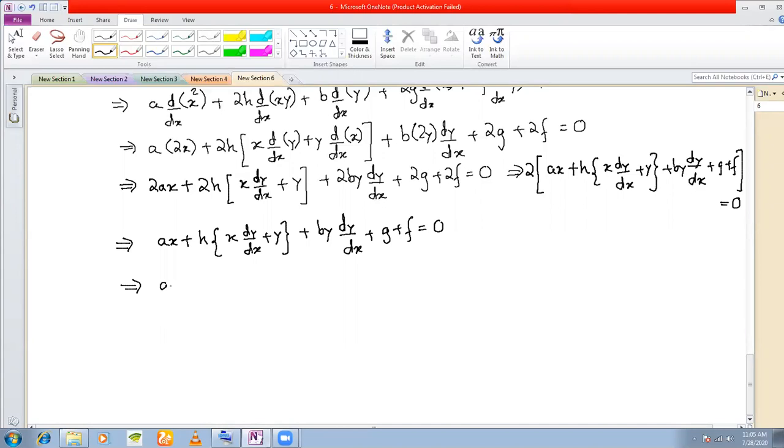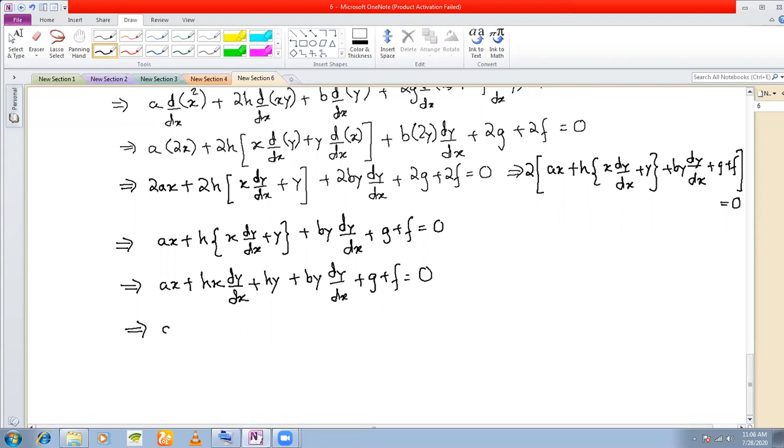That means ax plus hx dy/dx, multiplying by h throughout, hy, plus by dy/dx plus g plus f is equal to 0.